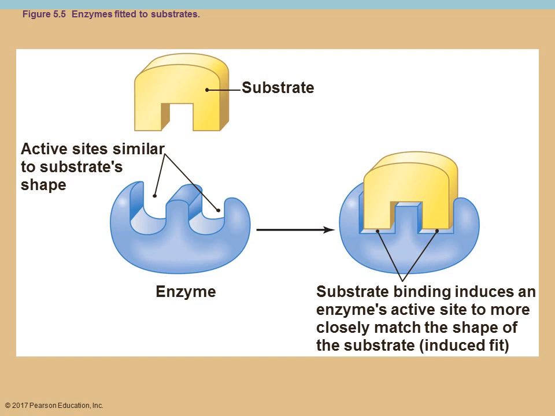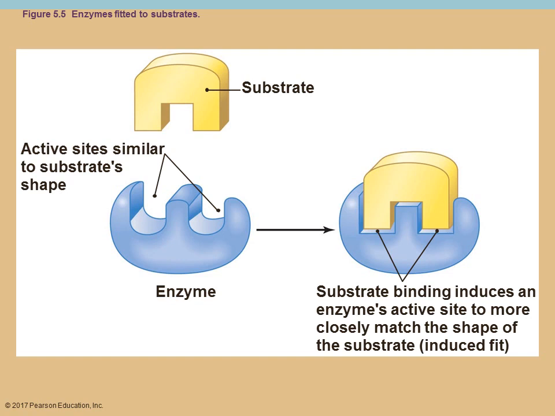So when the substrate comes in and binds to a particular enzyme, it can fit into that active site, then it will bind to it. And whenever you have binding, you're always going to have some type of shape change that occurs. If it's not the correct enzyme, or if you're studying the enzyme, you say it's not the correct substrate, it's not going to fit into that site, and nothing's going to happen.